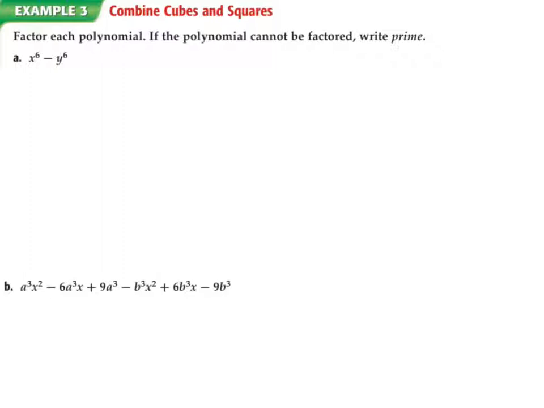So we can say that x to the 6th minus y to the 6th is equal to (x cubed plus y cubed) times (x cubed minus y cubed).